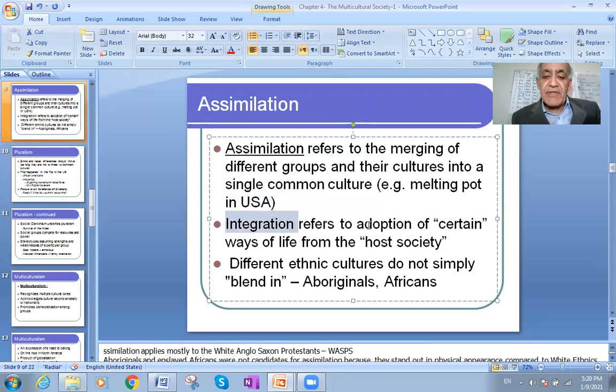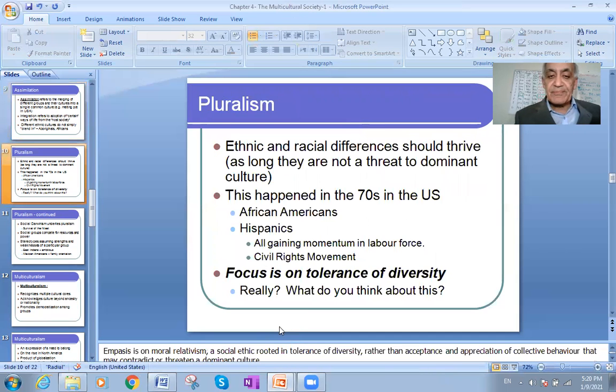Integration refers to adoption of certain ways of life from the host society. That means if I come to Canada, then I will be acting like the Canadians, right? Different ethnic cultures do not simply blend in, like Aboriginals and Africans.